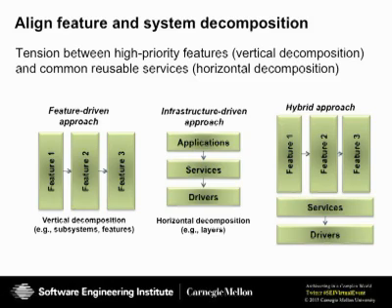And there's a tension between first focusing on high priority features and then first focusing on architectural issues. Organizations that focus on high priority features typically come up with an architectural footprint that is probably over-abstracted here, which we call the feature-driven approach.